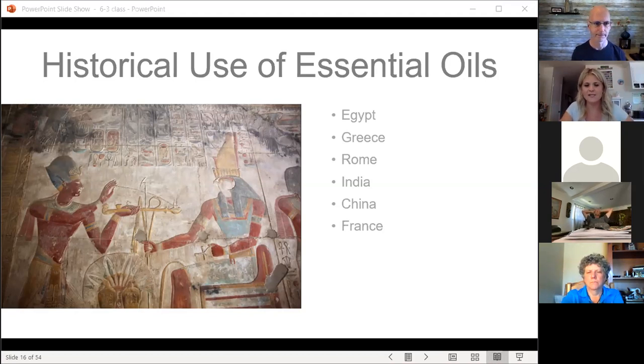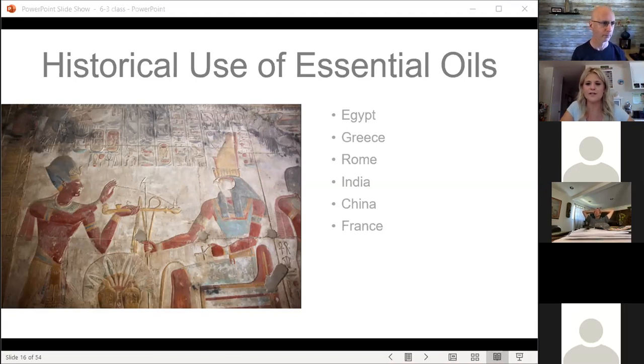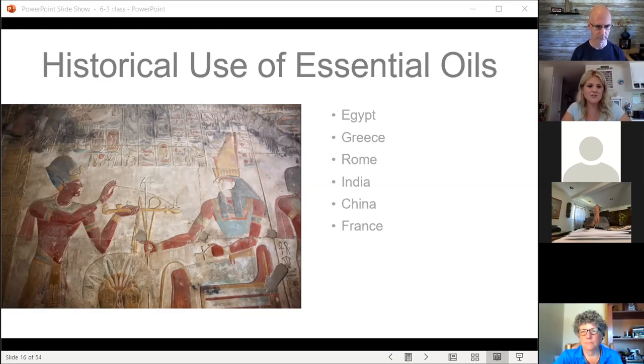And this slide has a couple of places where they were used. Egyptians used plant-based products in beauty treatments, food preparations and burial rituals. In Greece, men like Homer and Hippocrates were using plants, building on those discoveries that Egypt had. Rome used them for massage, those beautiful scented baths, and as body perfumes.